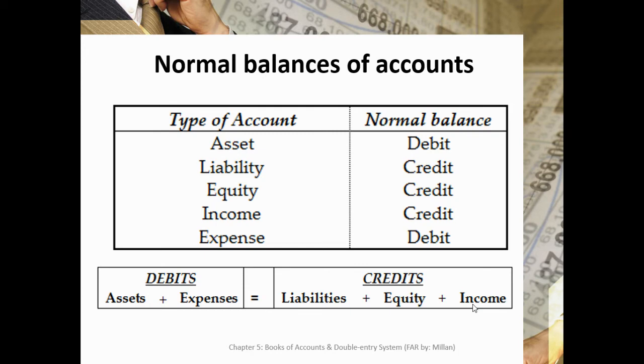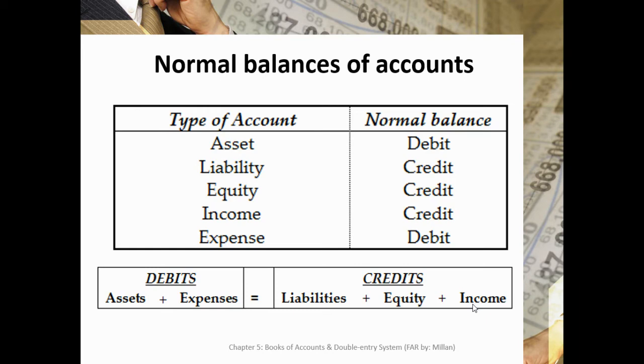So, yan lang yung tatandaan nyo. Asset and expenses, normal balance is debit. So, pag nasa debit siya, nadadagdagan siya. While liabilities, equity, and income are credit, nadadagdagan siya kapag nasa credit side siya.